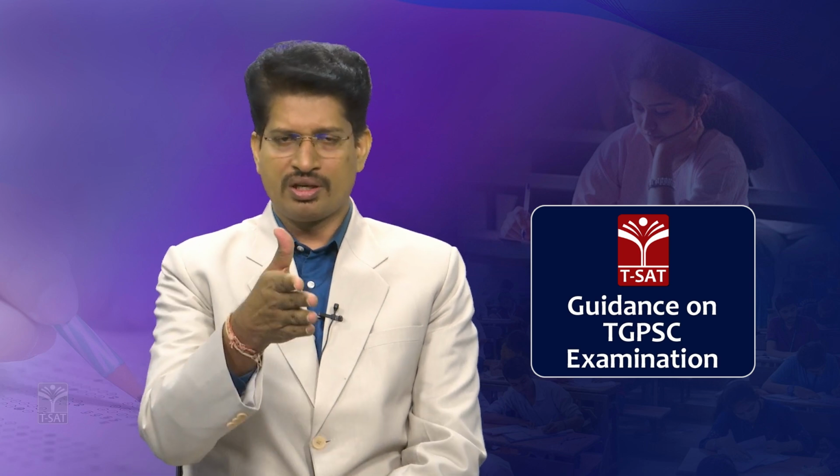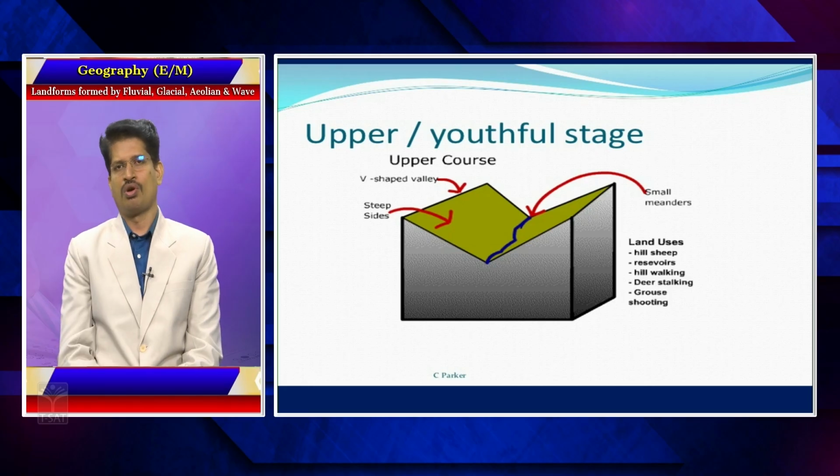Here, down cutting is more dominant because of the high slope gradient. This leads to the formation of valleys, and because of this reason the valleys are V-shaped.